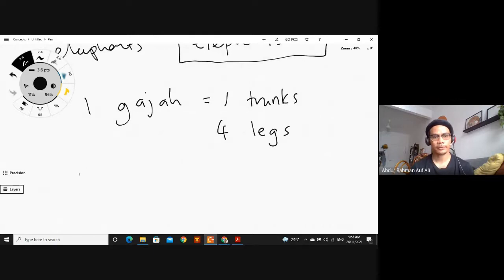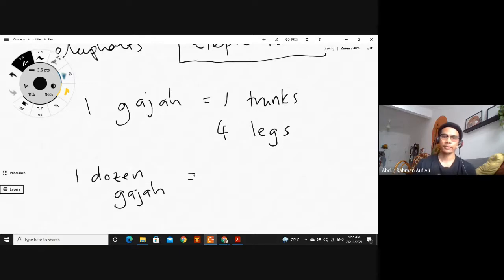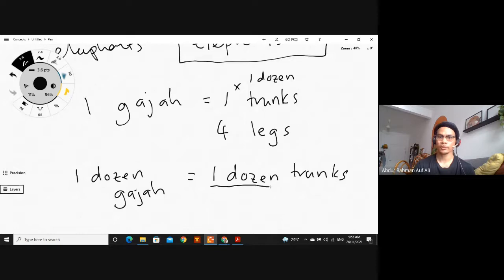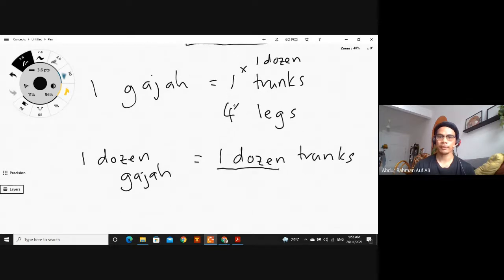Tapi kalau saya expand 1 dozen gajah, how many trunks and legs do I have? So we just add the units. 1 dozen trunks. 1 darab dengan 1 dozen. Dapatlah 1 dozen trunks. And legs pula 4 darablah dengan 1 dozen. So we have 4 dozen legs.